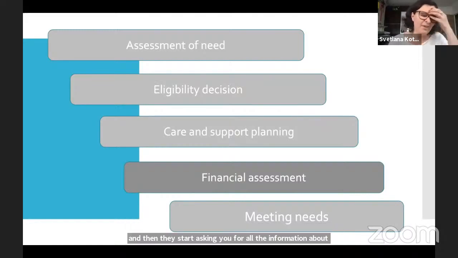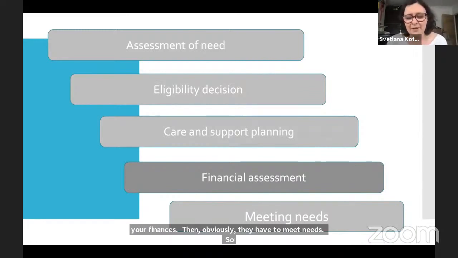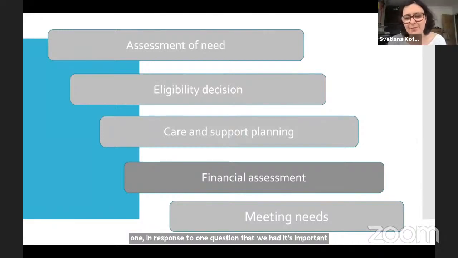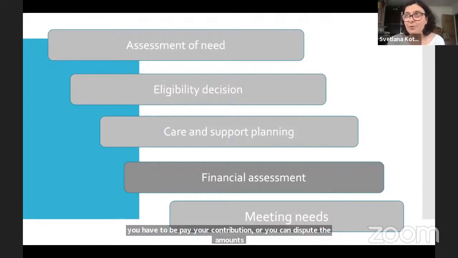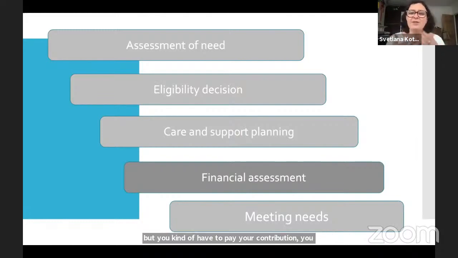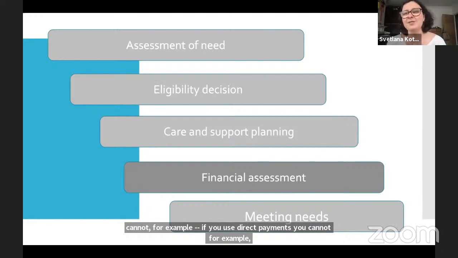So in response to one question that we had, it's important to clarify that when the financial assessment has been done, you have to pay your contribution. Well, you can dispute the amounts, but you have to pay your contribution. If you use direct payments, you cannot, for example, have a situation where you just spend a few hours and save up your direct payment money to cover your contribution.